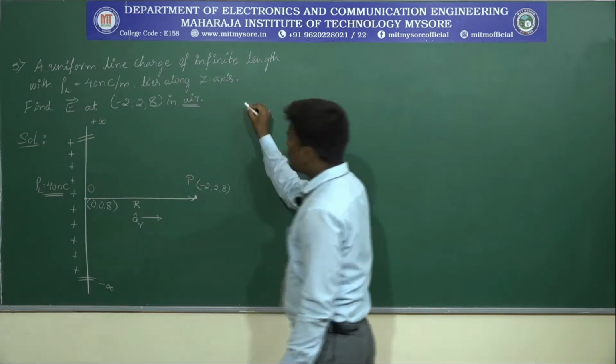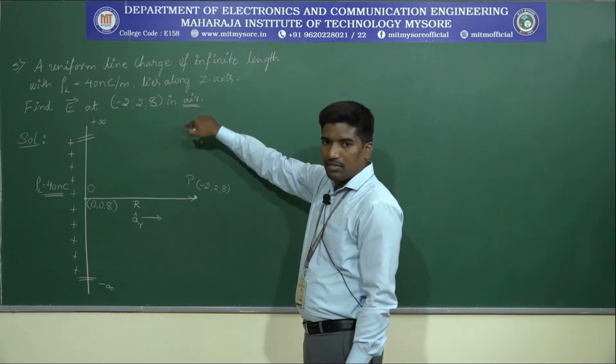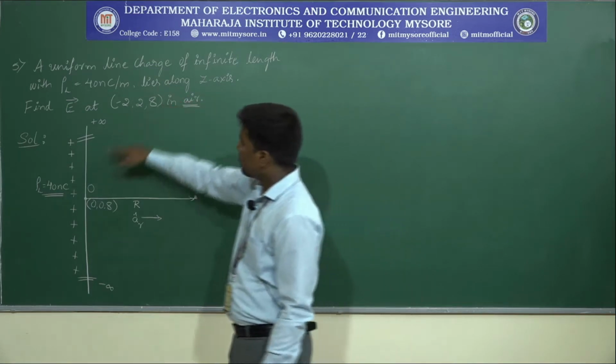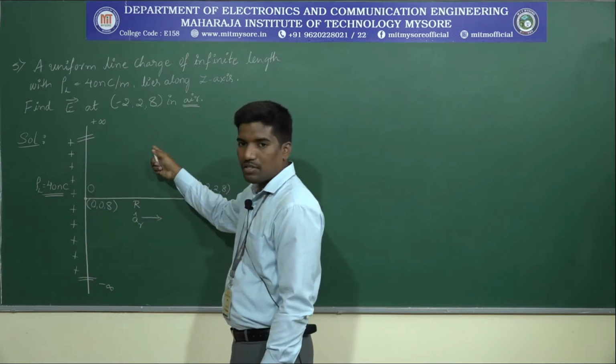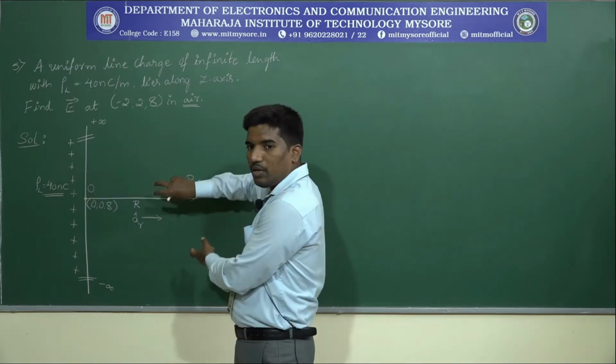We know the equation for line charge density. Rho L is 40 nanocoulomb per meter. Line charge density is charge per unit length.